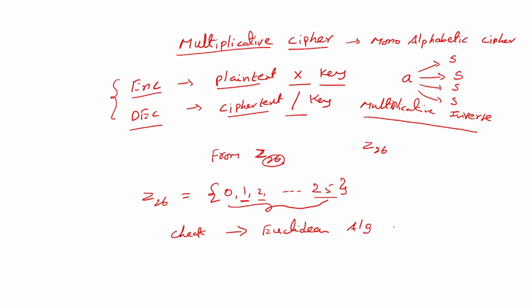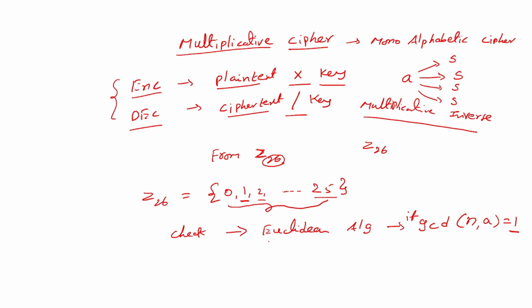Using the Euclidean algorithm we are going to find the GCD. If GCD of n comma a is equal to 1, that means the integer has a multiplicative inverse.